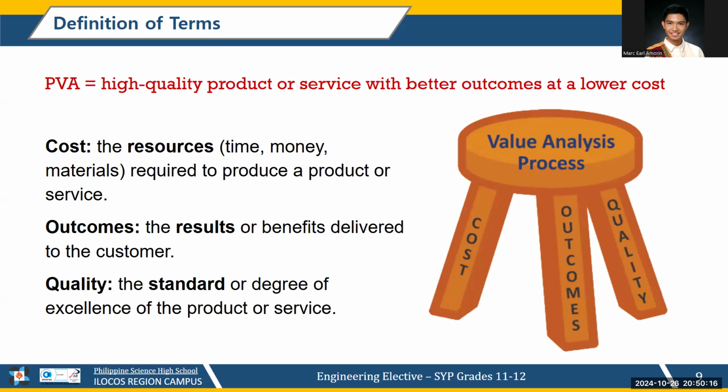And when we say outcomes, these are the results or the benefits delivered to the customer. And when we say quality, it should be the standard or the degree of excellence of the product or service. So these are the three elements of the PVA or the value analysis.